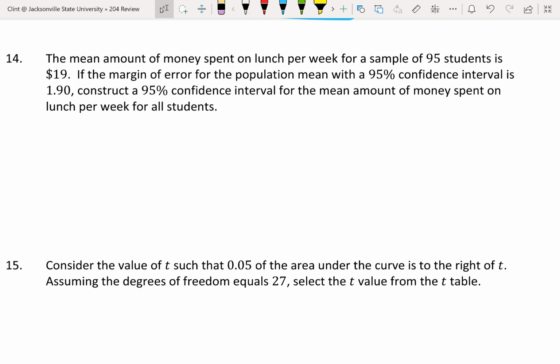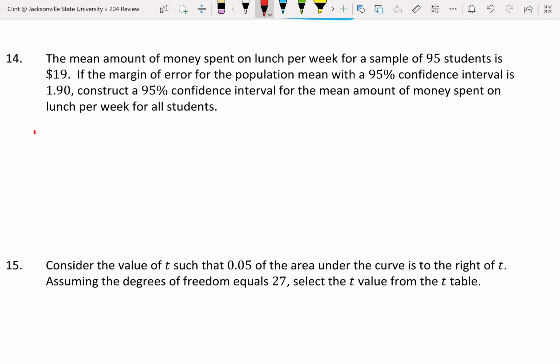If the margin of error for the population mean with 95% confidence interval is 1.90, construct a 95% confidence interval for the mean amount of money spent on lunch per week for all students. If you take these in the 3 steps order that we've been doing, it'll help on this one. This is the easy version of a confidence interval problem.